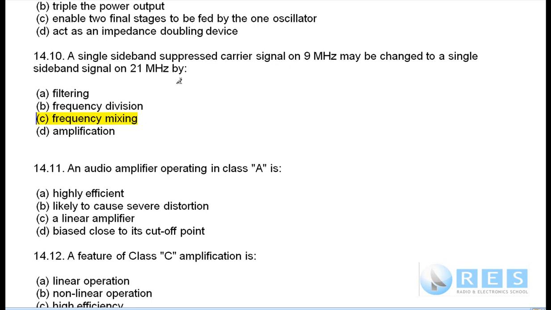So if we had an oscillator going to a mixer on 12 MHz and our wanted signal on 9 MHz, then one of the outputs from that mixer, oh, hang on, I've just made a blur. We want to change it to 21 MHz. Yeah, that's right. So we would have our oscillator on 12, feed that into the mixer, our wanted signal on 9. 9 plus 12 is 21 MHz. We use a frequency converter, a mixer and an oscillator on 12 MHz to move a 9 MHz SSB signal to 21 MHz.